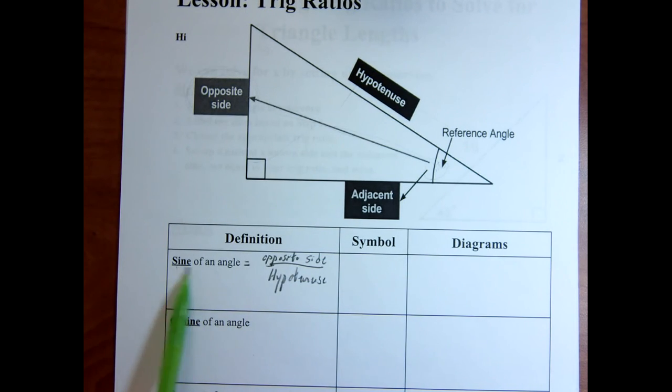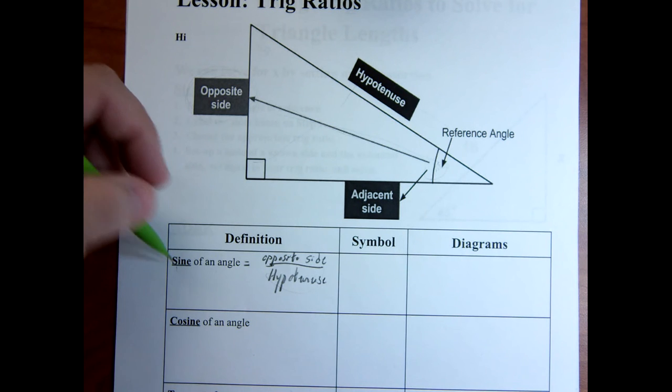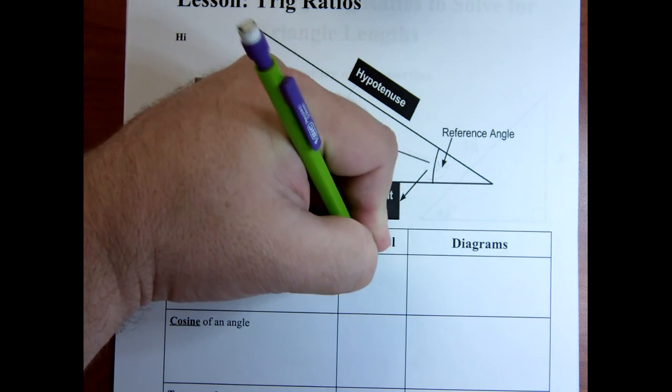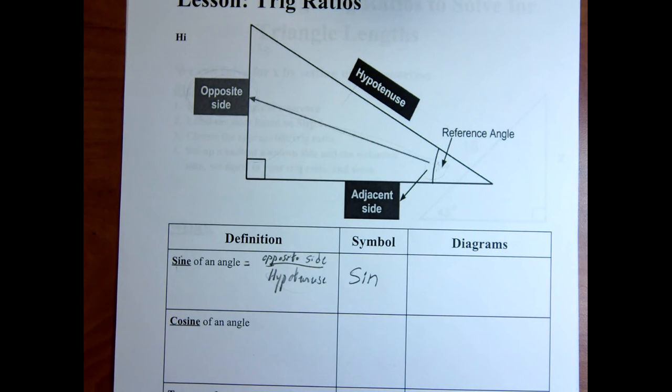We don't like writing out this long phrase every time to represent this ratio, so we'll oftentimes abbreviate the word sine using these three letters. Please be aware, this is still pronounced sine, even though it's an abbreviation for the word sine.